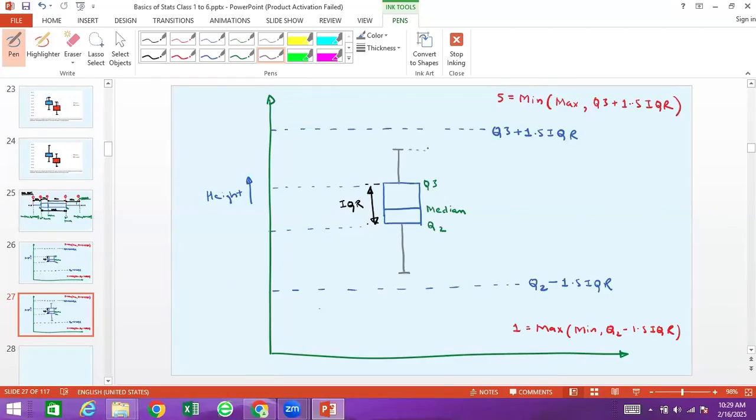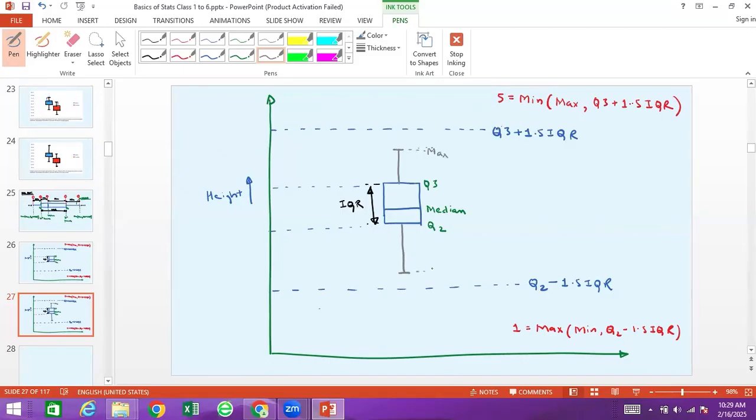Because my maximum value was less than this value, I need to take a minimum of the maximum value and Q3 plus 1.5 IQR. Between these 2 points, which one is the minimum? The max point. So this is where the whisker will end.